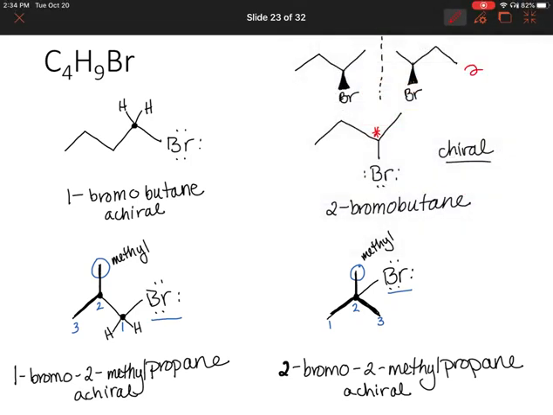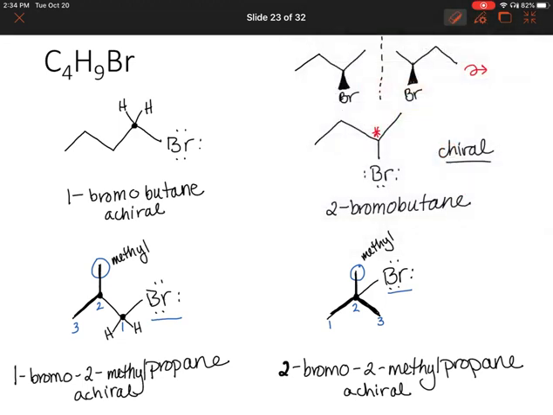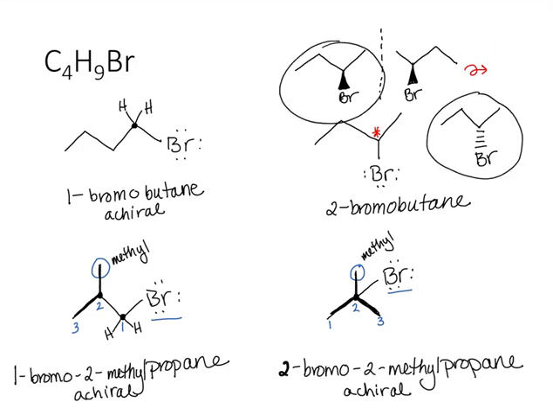What if we flip it over like a pancake? Let's see, I'm going to make some room down here. If we flip it over like a pancake, then it would look like this. So the wedge becomes a dash. So is that superimposable on our original drawing? No, because one is a wedge, one is a dash.